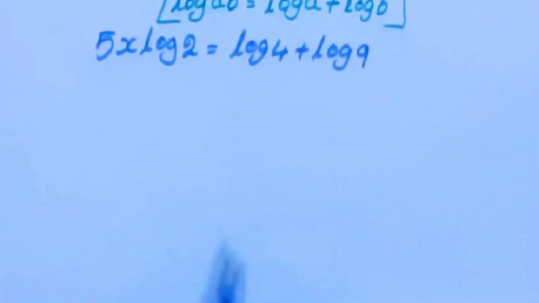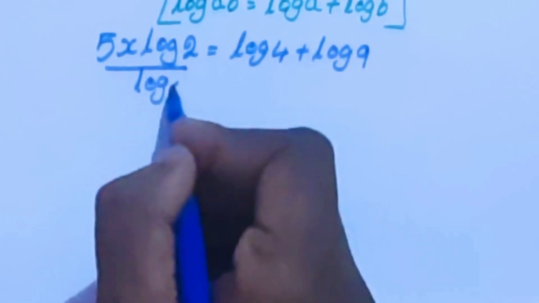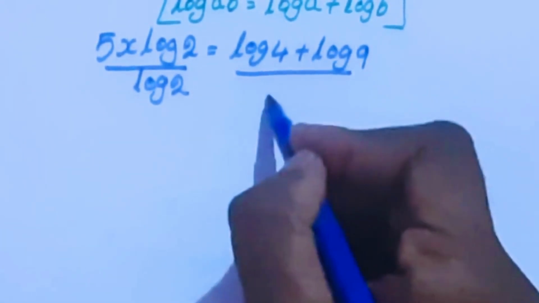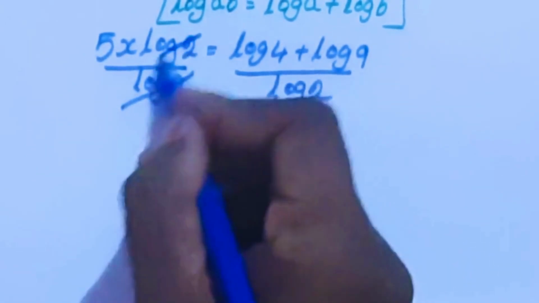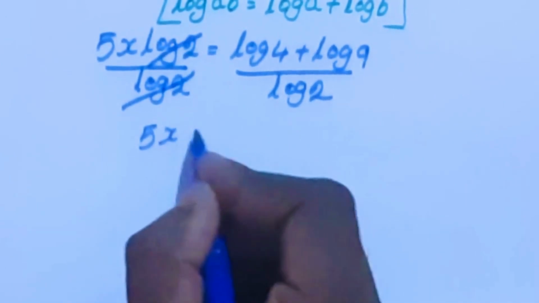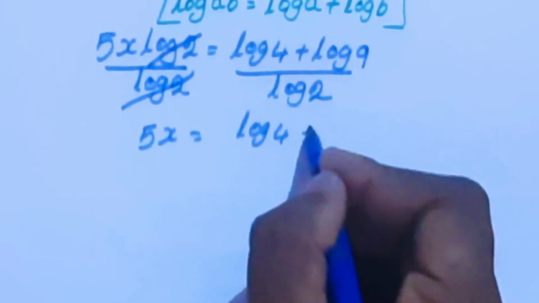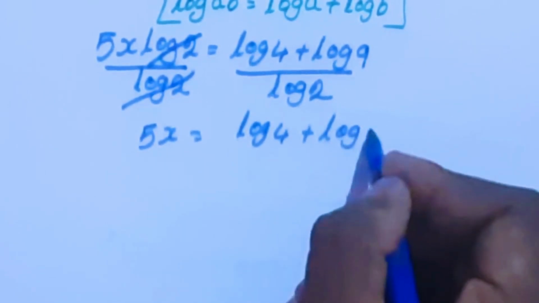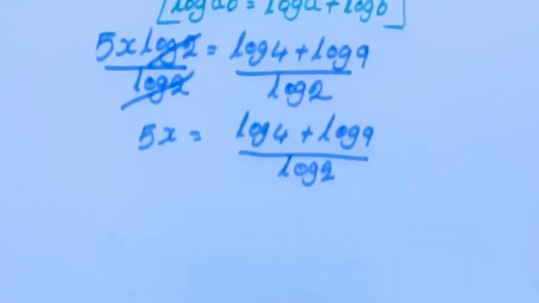Now we are going to divide by log 2 on both sides. Log 2 here, log 2 here. Now this log 2 cancels this log 2. So we have 5x equal to (log 4 plus log 9) by log 2.